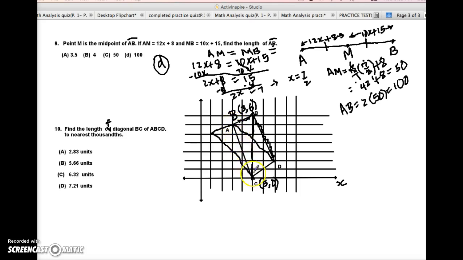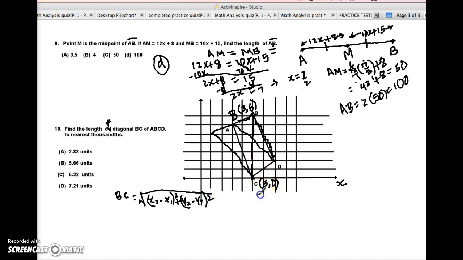Now to find the length of this segment here, BC, we're going to use the distance formula, and that will be the following: the square root of (x2 minus x1) all squared, plus (y2 minus y1) all squared.